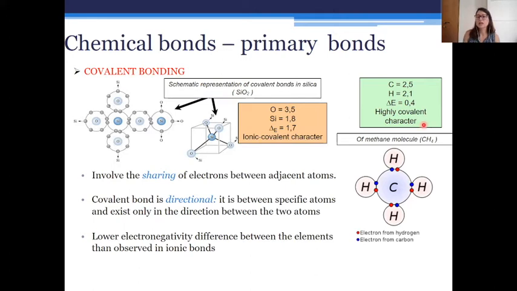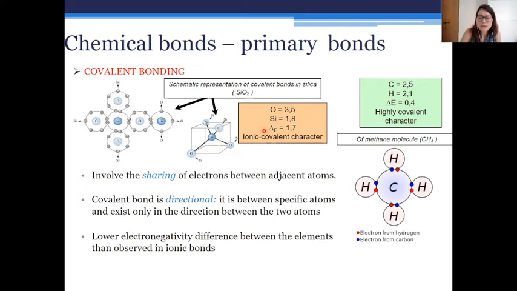So it has a highly covalent character, whereas the difference of electronegativity between silicium and oxygen is higher. So we will say it has an ionic covalent character.